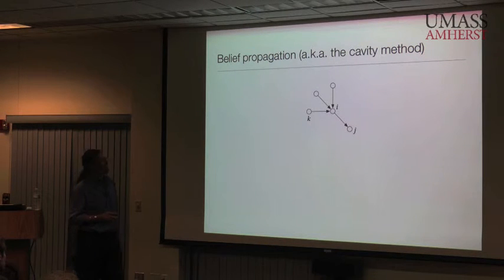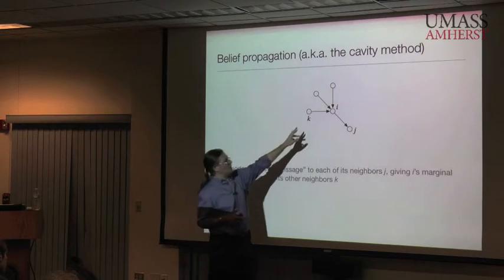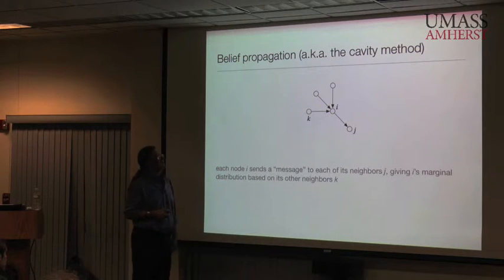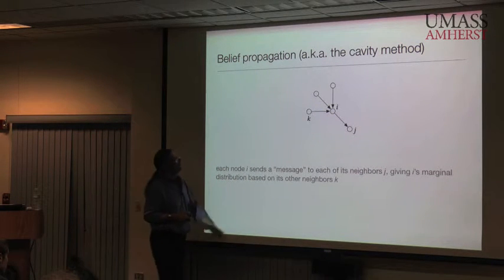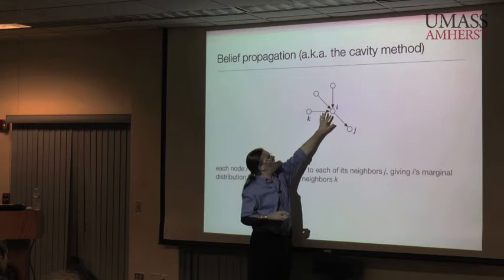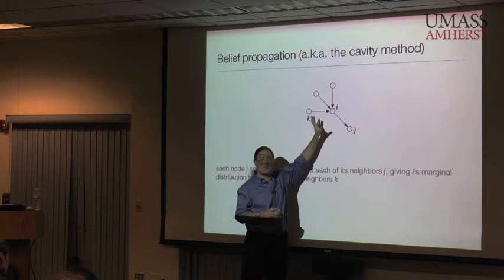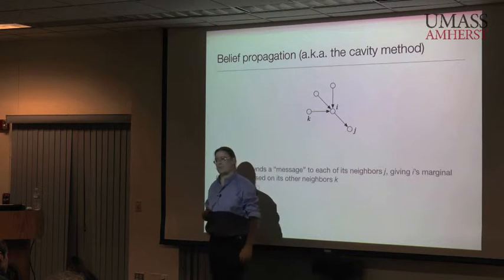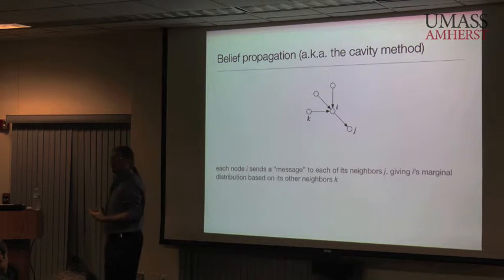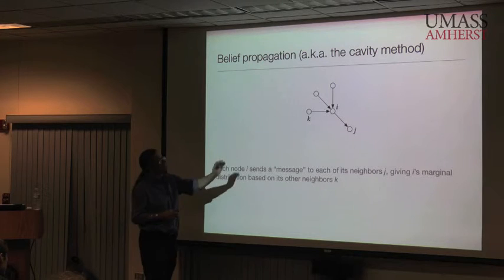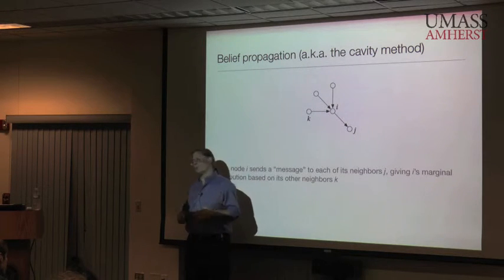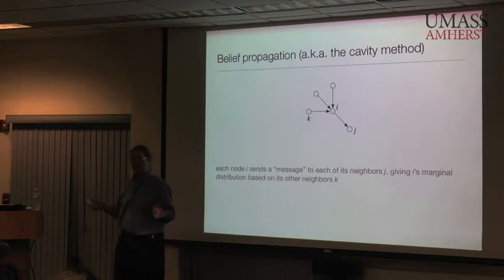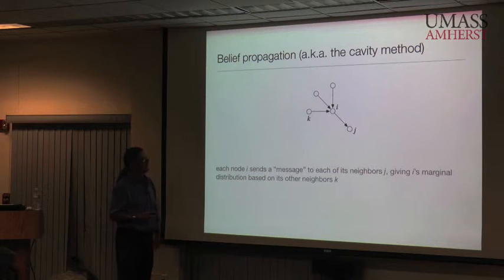Here's the idea. Here are some nodes in the network, and we are going to try to estimate the marginals, but with a funny twist. Every node will send each of its neighbors an estimate of its marginal distribution. So I will tell J, I'm in group 1 with probability 40%, group 2 with probability 30%, et cetera.